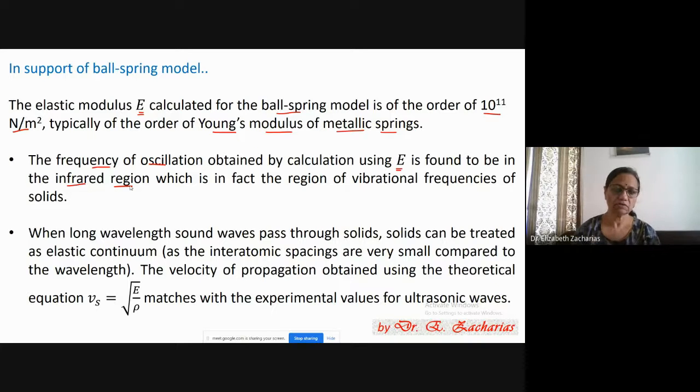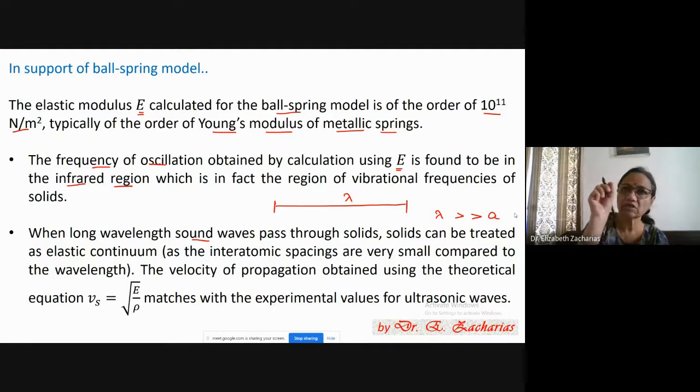Then the third thing is when you use ultrasonic sound waves, they have a large lambda, much greater than a. When you pass this large lambda, your sound wave should not be seeing these lattice points. Instead, it will see this entire block of material as a continuous medium, and it will move through the medium with a velocity of propagation.